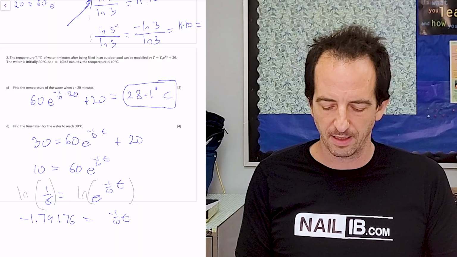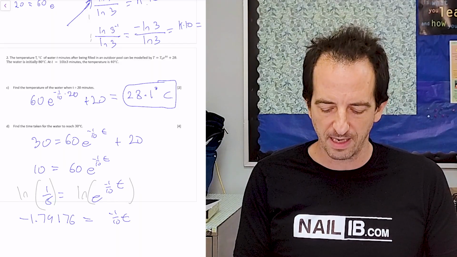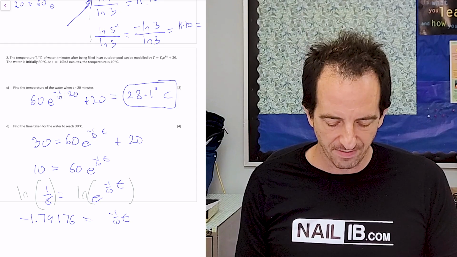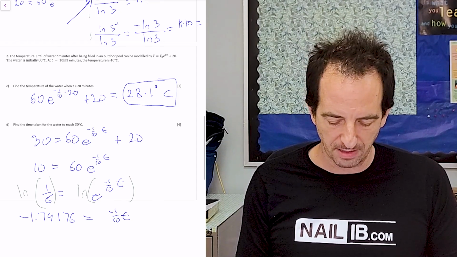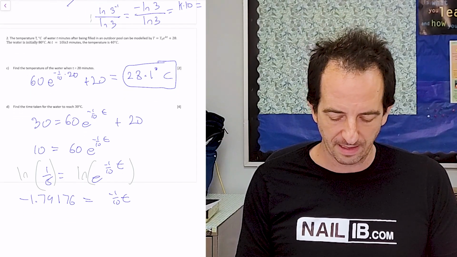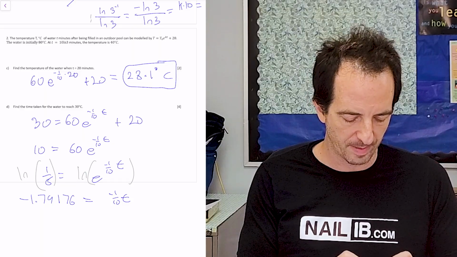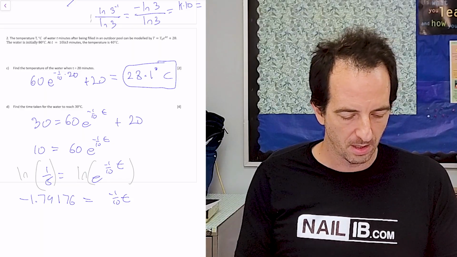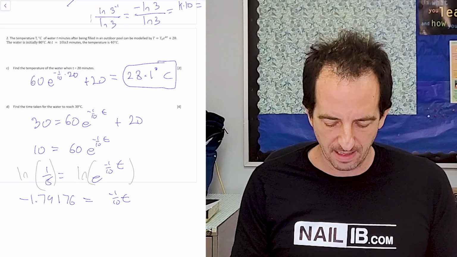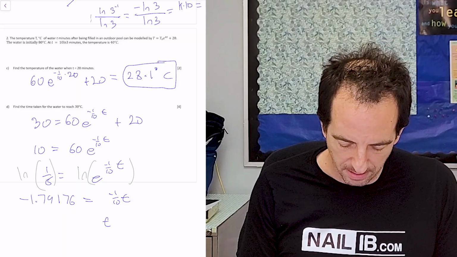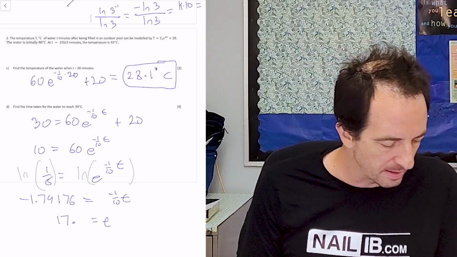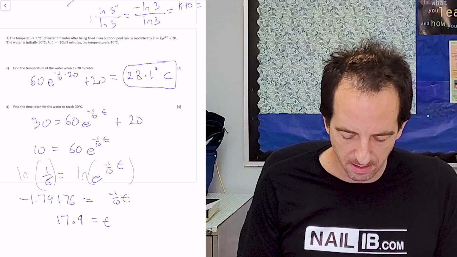The natural log of e to that power, we know from our formula guide, is equal to that power. And then finally, our final answer will simply be dividing both sides by negative 1 over 10, so divided by, in my case, negative 0.1. We get back the answer: t is equal to 17.9 minutes.